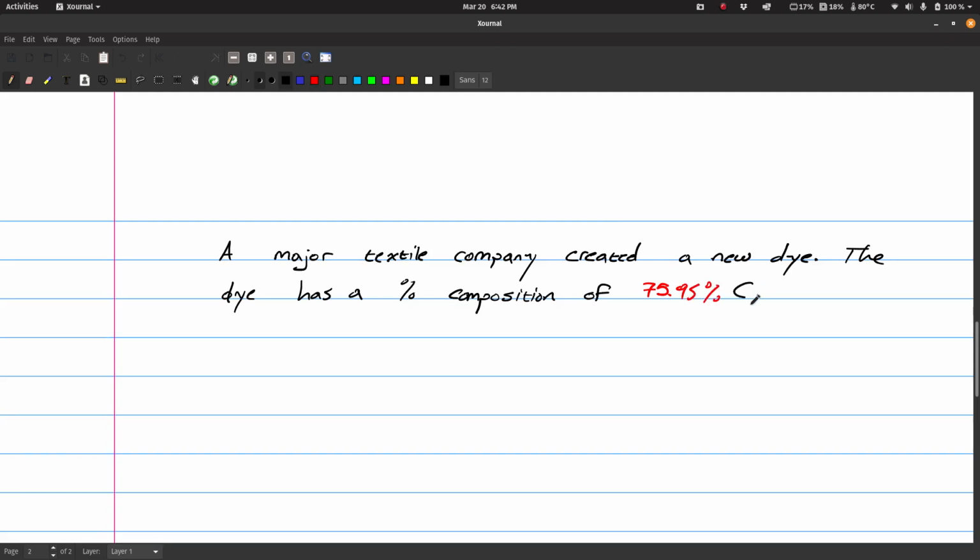75.95% carbon, 17.72% nitrogen, and 6.33% hydrogen.